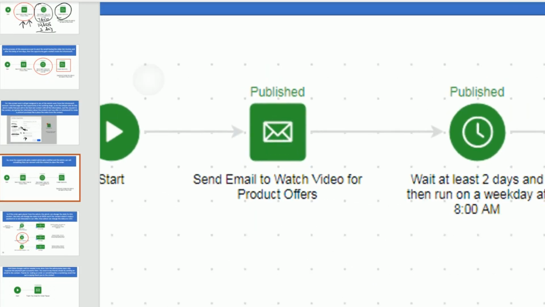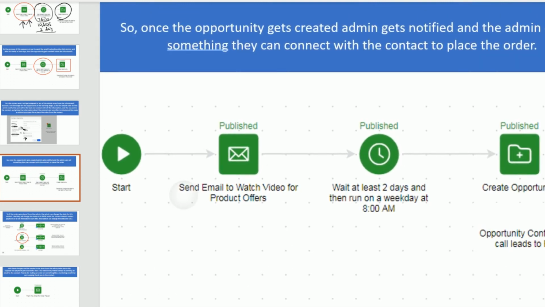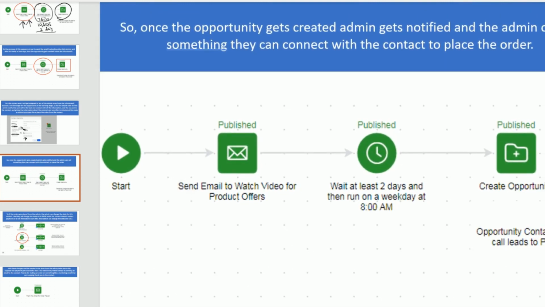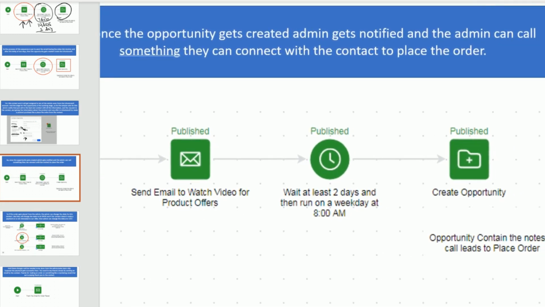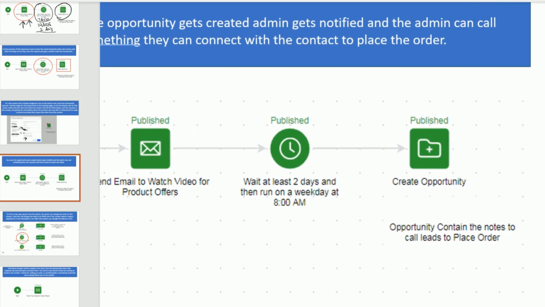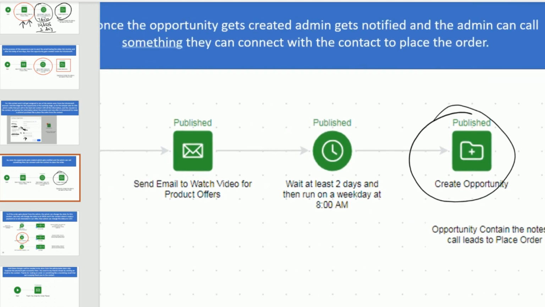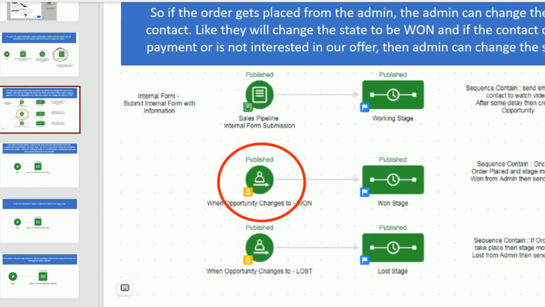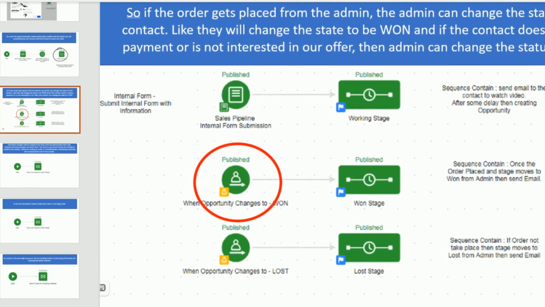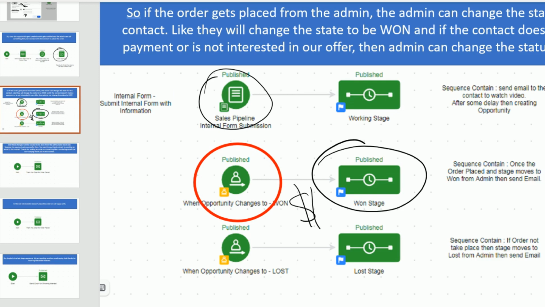And here, again, once the opportunity is created, the admin gets a notification in this opportunity here. And then when the internal form is filled out and you choose one or you made the sale, then they go into the 1 stage.